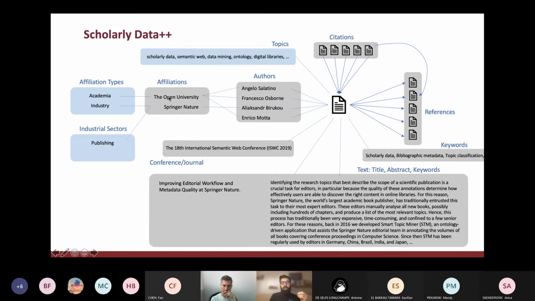We know that, for example, the Open University is academic. Springer Nature is an industry because this colleague of ours works at Springer, and we also got the industrial sector, which is a publishing company. So we know that this is a collaborative effort paper.